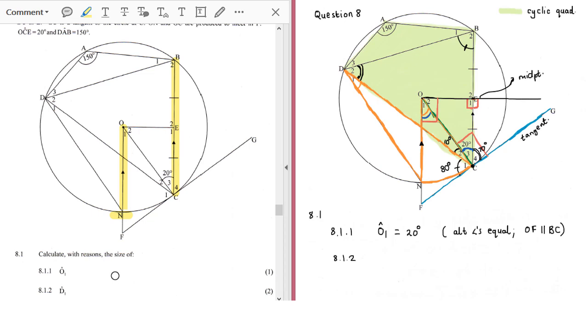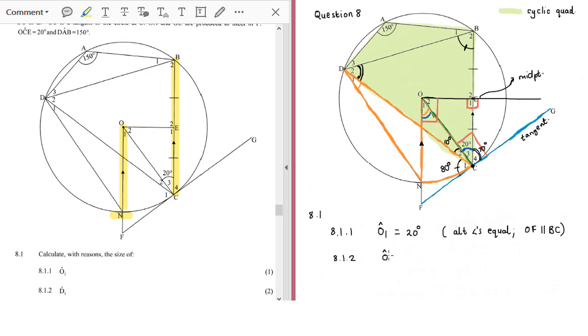8.1.2 says calculate the size of angle D1. Well, now we know that angle D1, if we work backwards, is going to have to be half angle O1. Okay, so let's rather not state it like that. Let's state it as the theorem states. The theorem says that the angle at the center is twice the angle at the circumference, right?